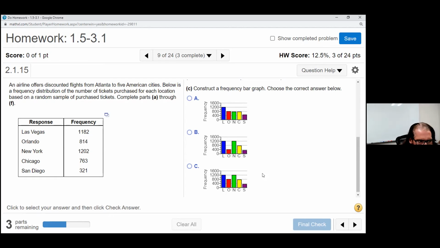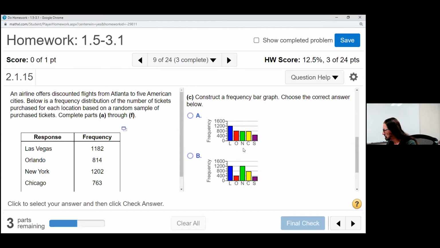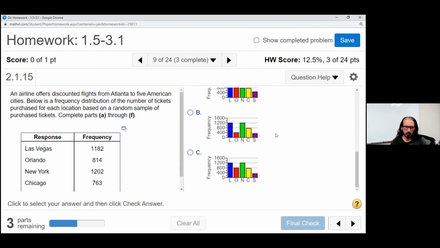That should narrow out choice A. But is it choice B or choice C? Well, then we're going to need to look more closely at the labeling on the vertical axis. And let me enlarge this a little bit. For Orlando, they've got that way down at 400 or below. That should narrow out choice B as well. So let's see if it takes choice C.